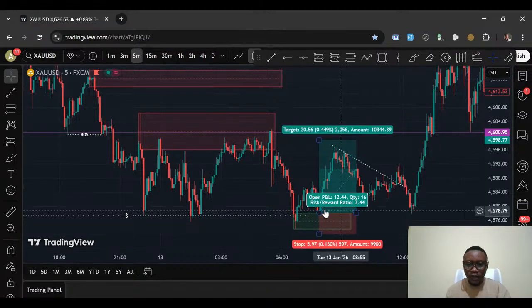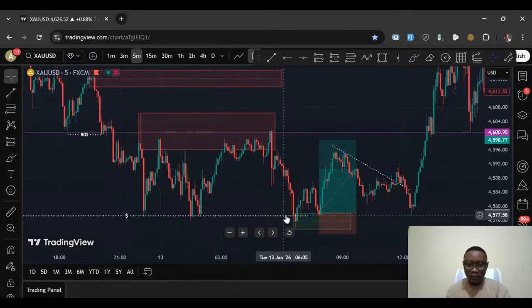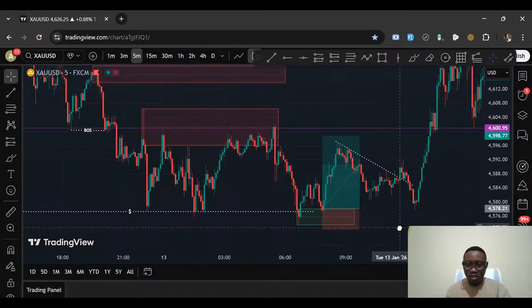If you look to your left, you would see that this order block actually swept liquidity. An order block that swept liquidity is a very high probability order block, and price is most likely going to react and respect the zone.